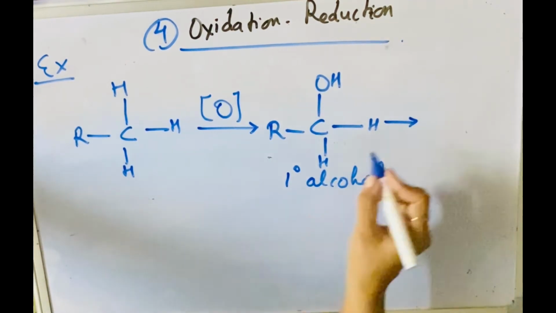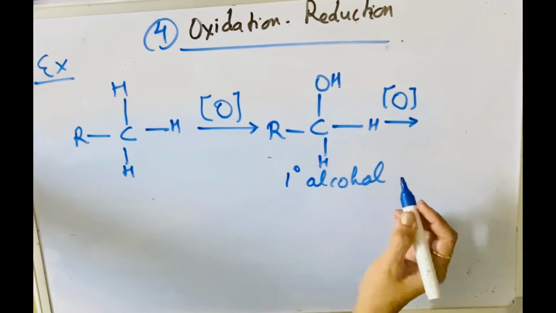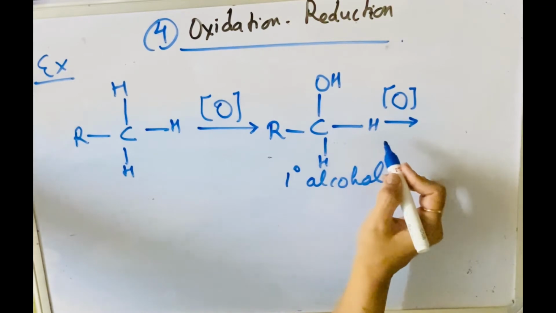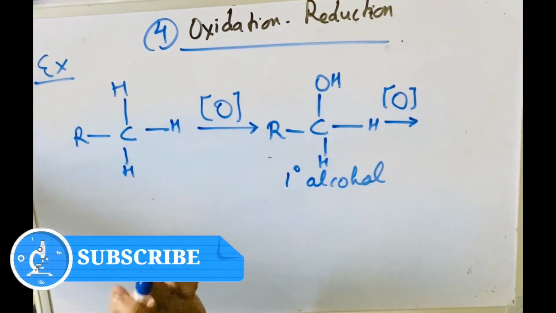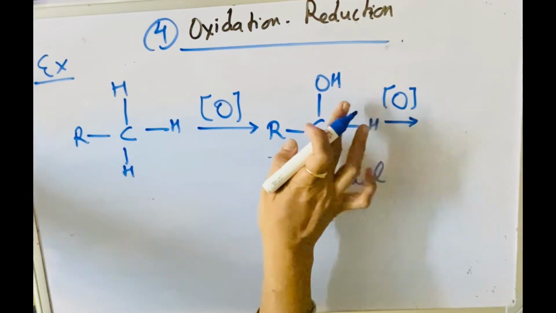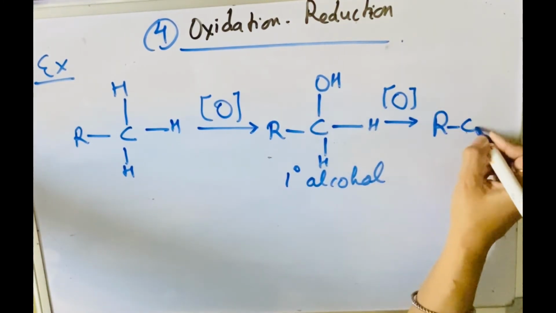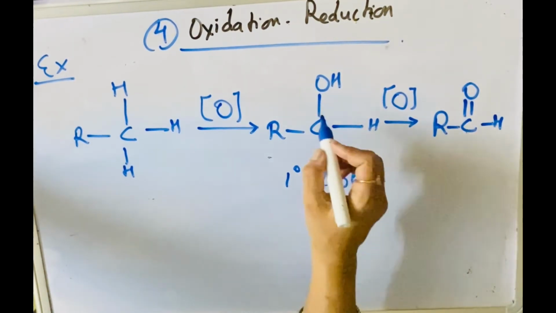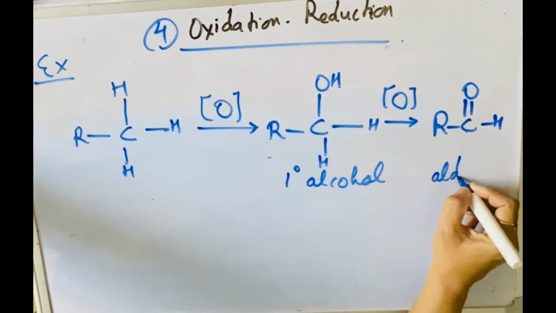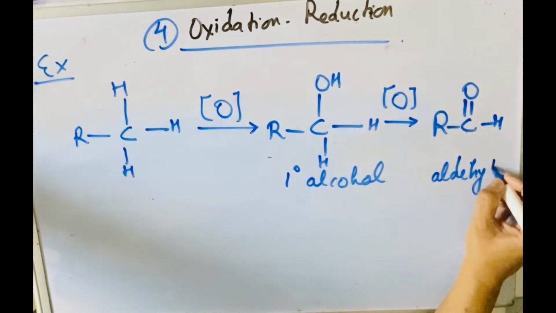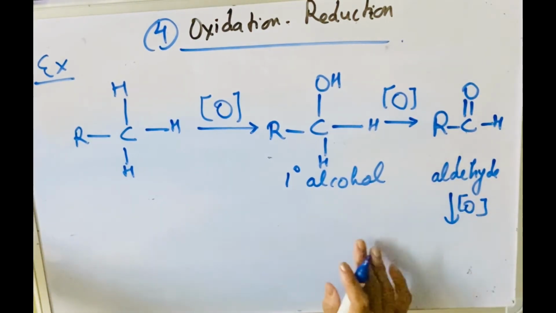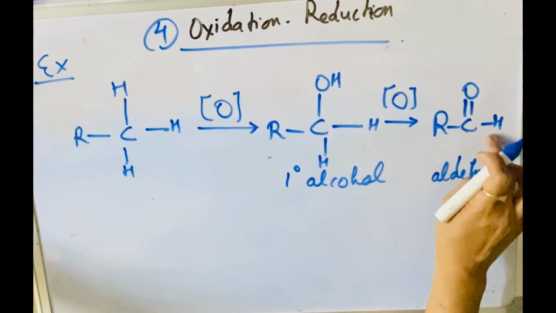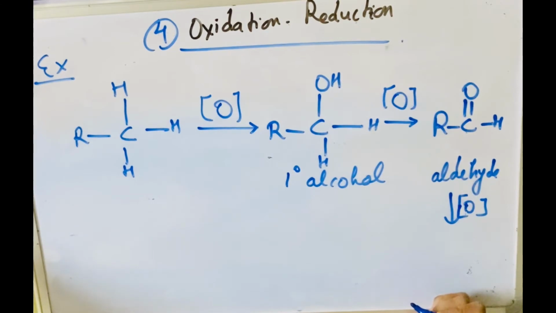Further, this reaction continues. There is a formation of aldehyde. Now, one more oxygen is there. In that case, the OH and hydrogen will be removed and the oxygen will attack over here. So in that condition, there is a formation of this compound, which is called aldehyde. If we continue the process, there is a chance of this oxygen attacking again over here and forming carboxylic acid.